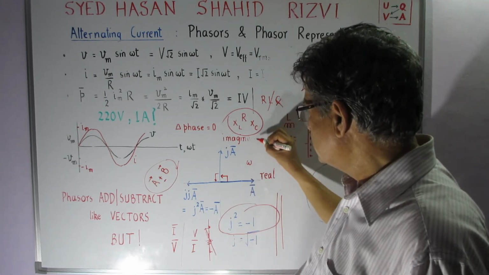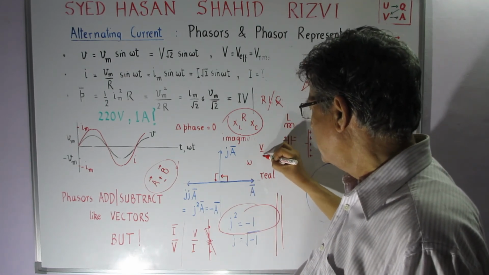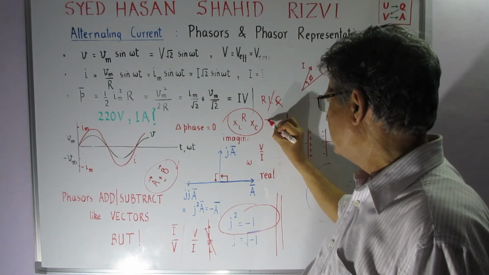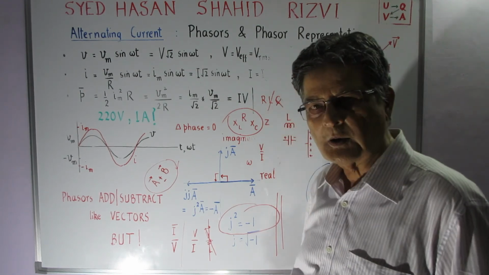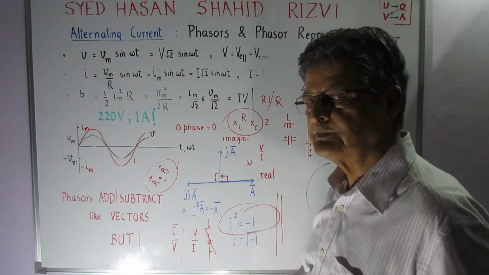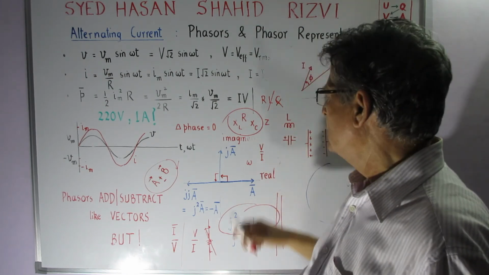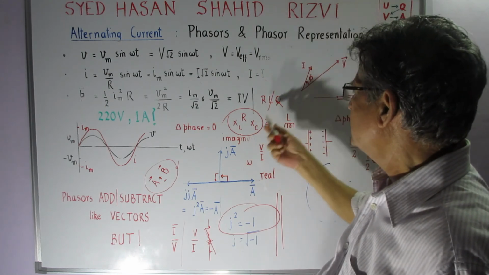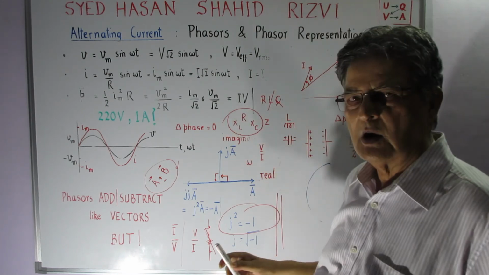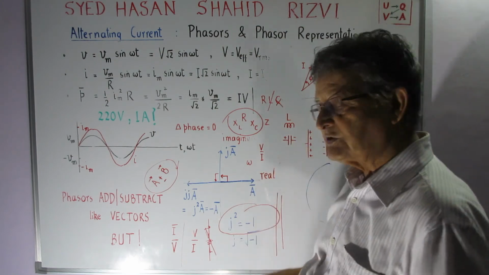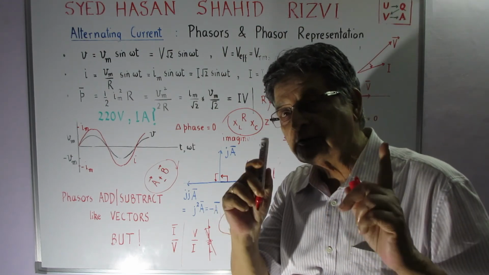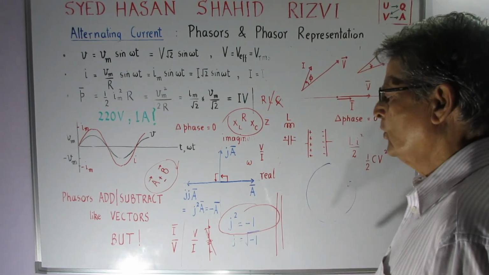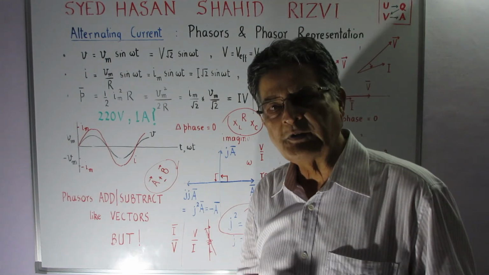They all are given by V upon I, and to top these we have Z. Often what we do, we take a page out of the phasor representation to represent these things also. But whenever we represent these things, they are not rotating phasors. Here, anywhere else, we are using rotating phasors.